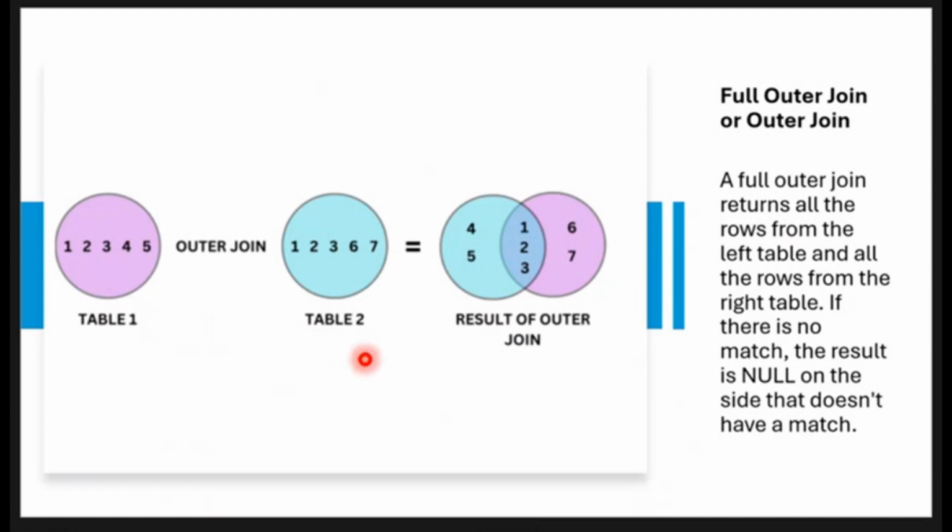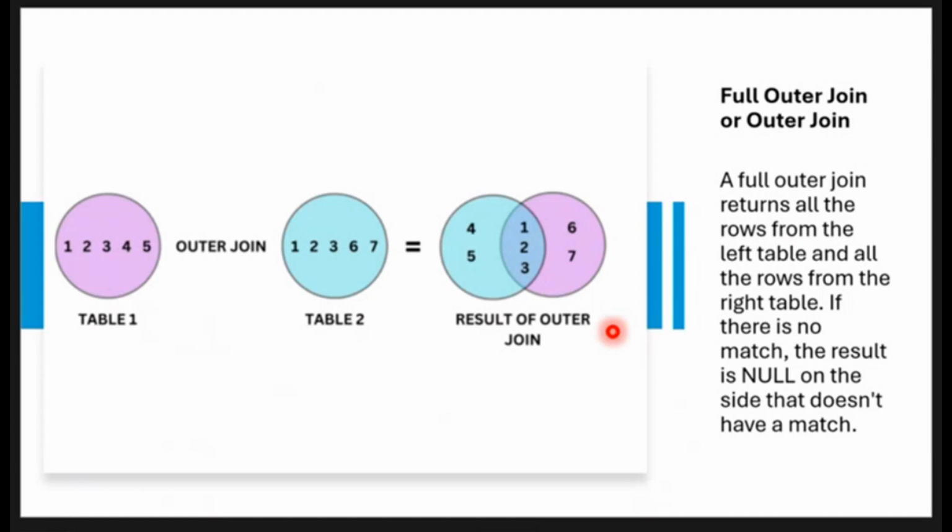So everything will come. The result of the outer join will be the common values, plus what is extra in the left table, plus what is in the right table as well. So full outer join returns all the rows from the left table and all the rows from the right table. If there is no match, the result is null on the side that does not have a match, but it will pull everything.